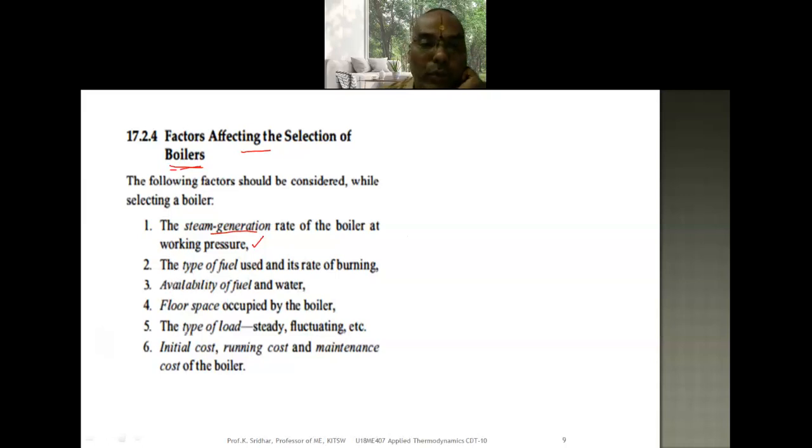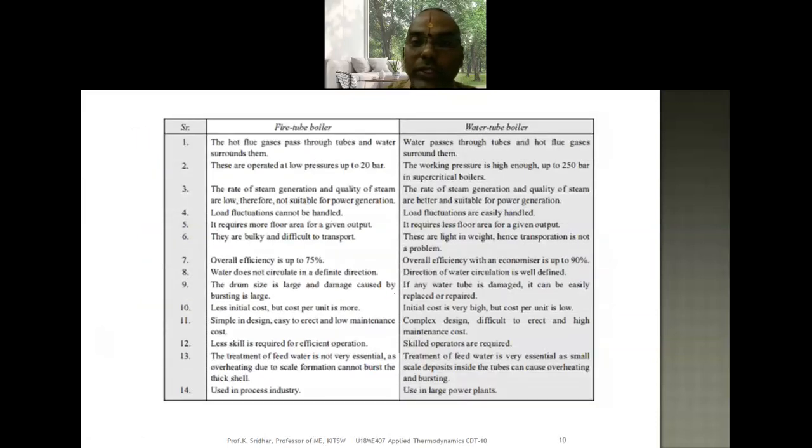Similarly, what type of fuel we are using and the rate of burning, availability of the fuel and water, how much floor space is occupied by the boiler, and the type of loading condition, steady load or fluctuating load. And similarly the cost parameters are also very important while selecting the boiler for a given application.